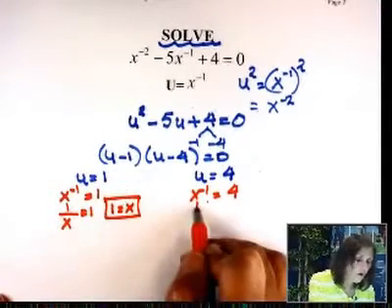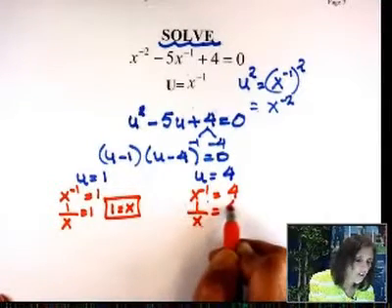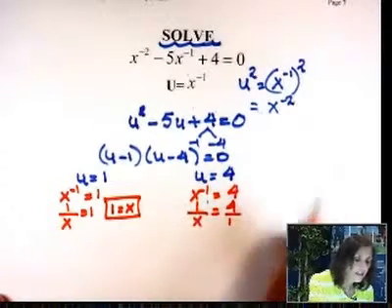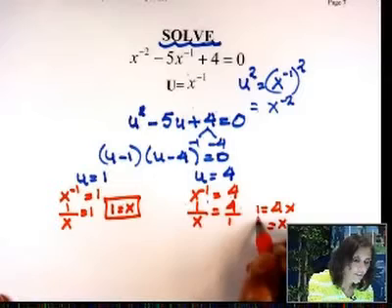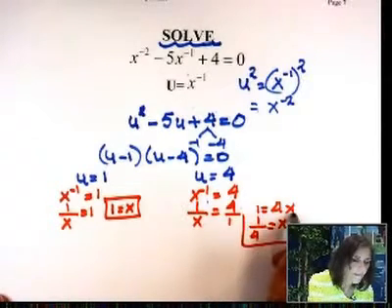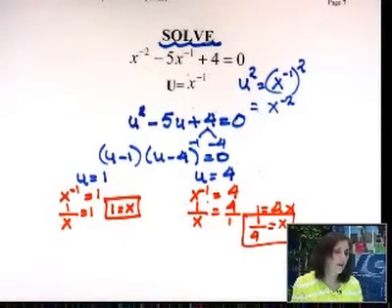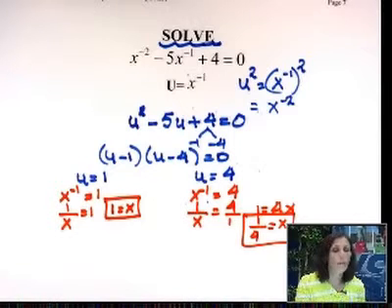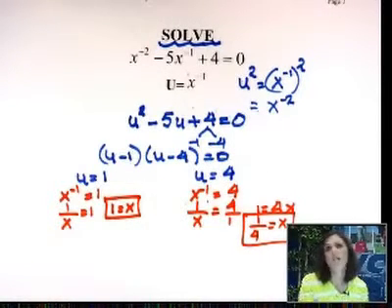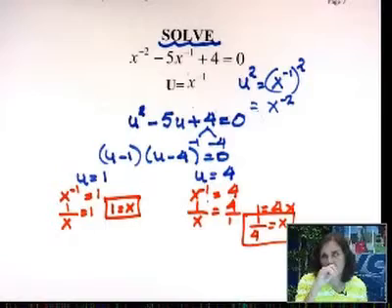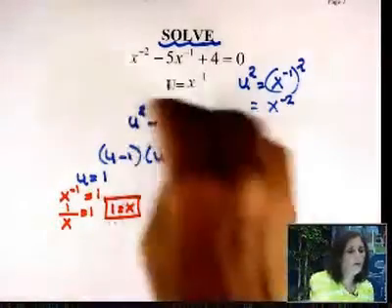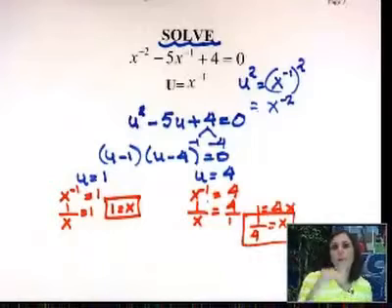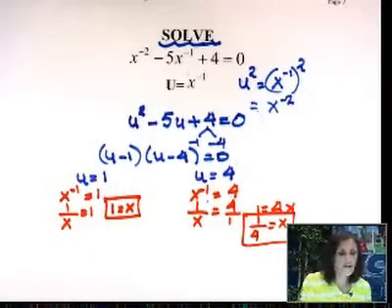This one is 1 over x equals 4. Cross multiply. So you have 1 equals 4x. X equals 1/4. Do you see it? Okay, very good. So when I'm asked to factor, you just go to u, come back to x, and you factor. When you're asked to solve, you go to u, you solve, put the x in, and get the x values.